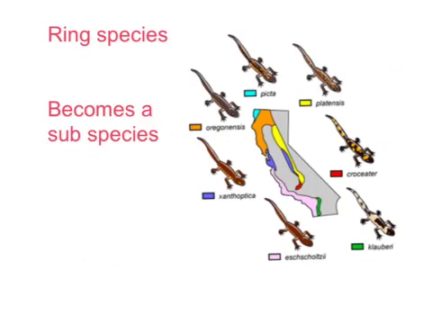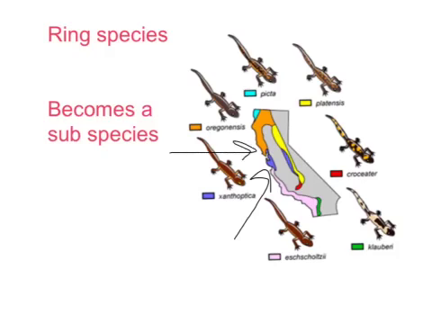What is called a ring species. A ring species will result in a subspecies. Ring species are organisms that are geographically nearby one another. They are geographically close, and the ones that are geographically close will interbreed. Like as we're looking at this diagram here of these lizards, the pink and the blue will interbreed.